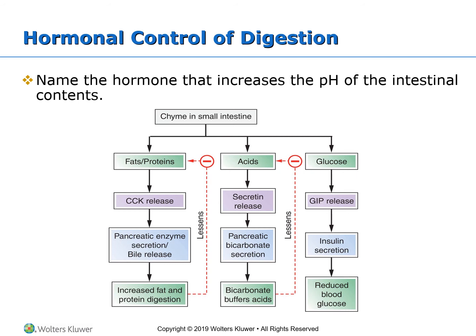Fats or proteins will increase the release of cholecystokinin, and cholecystokinin will increase the secretion of pancreatic enzymes and the bile release to increase the fat and protein digestion. And you can see how at a certain point all those loops will close themselves just in a negative feedback.